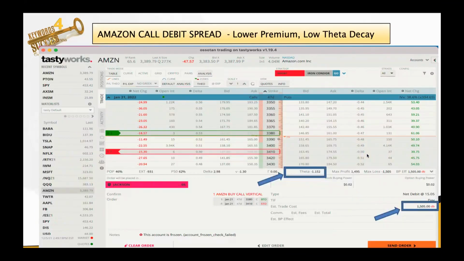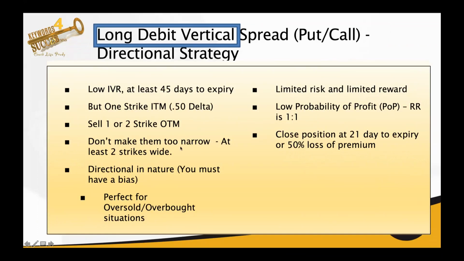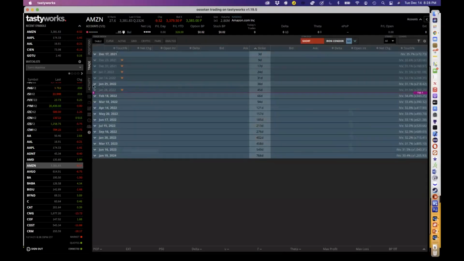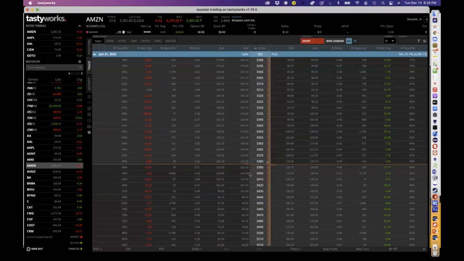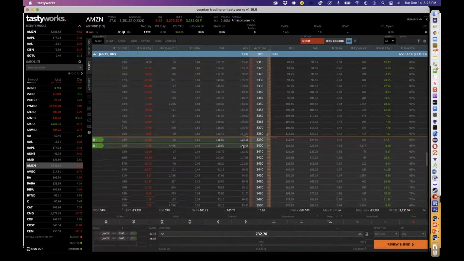Okay. So your strikes, don't make them too narrow. Now that depends, by the way. For a company like Amazon, which has like $100 between strikes, this is okay. You can buy here and sell here. This is called an in and out spread. Basically, side-by-side strikes are very good, which is okay, right?